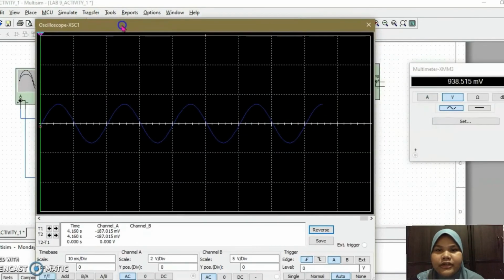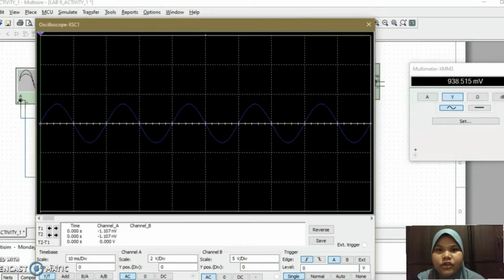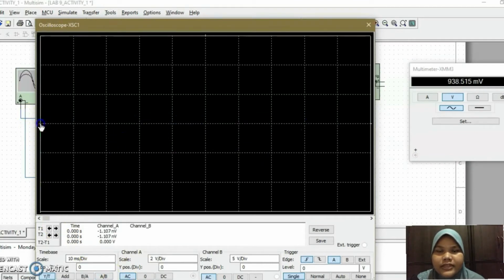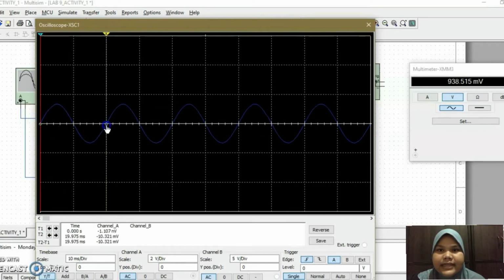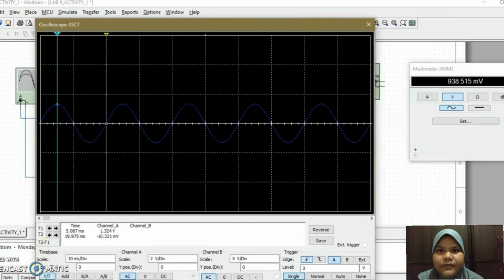Now I'll show the graph. For this graph, 1 division equals 2 volt, and this graph is a sinusoidal graph since it is AC voltage. This is 1 cycle, and this is the peak of the graph.